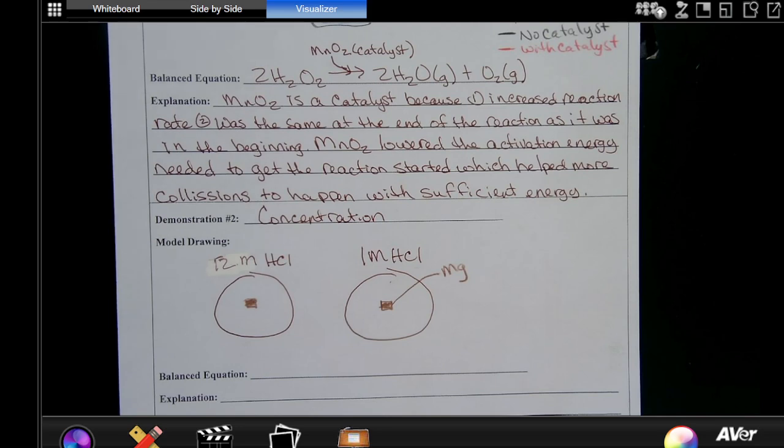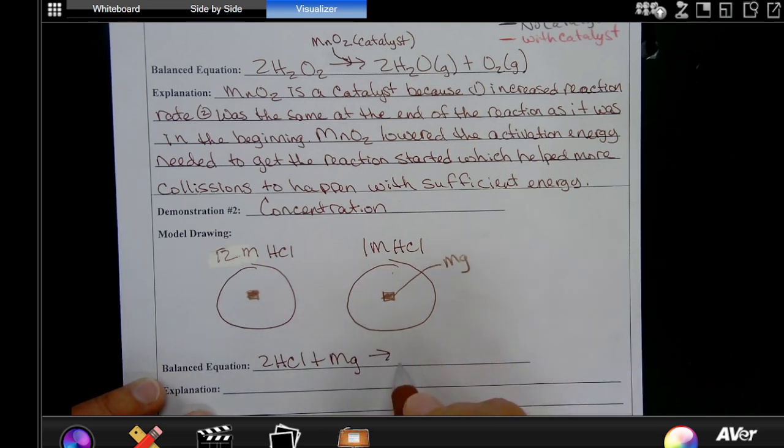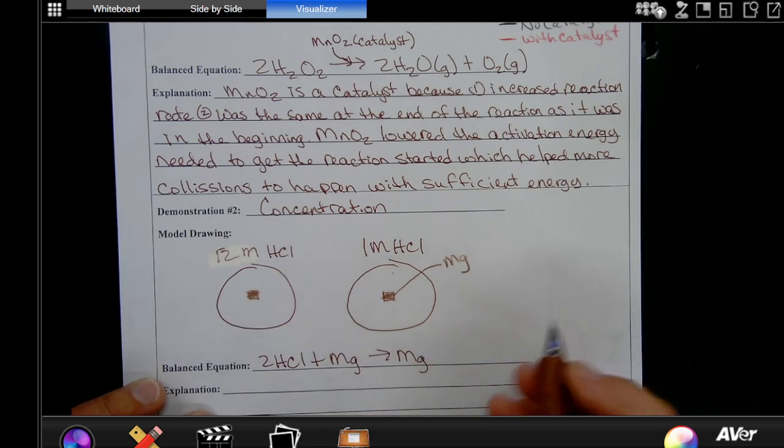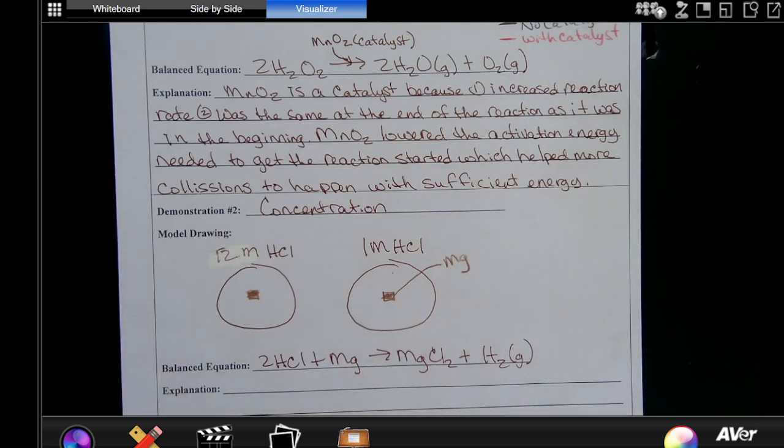And the reaction that's going to happen is we're going to have 2 moles of hydrochloric acid plus 1 mole of magnesium is going to react to make magnesium chloride and hydrogen gas. Okay? So, some of the things you're going to see that it's working is you'll see gas bubbles. Okay?